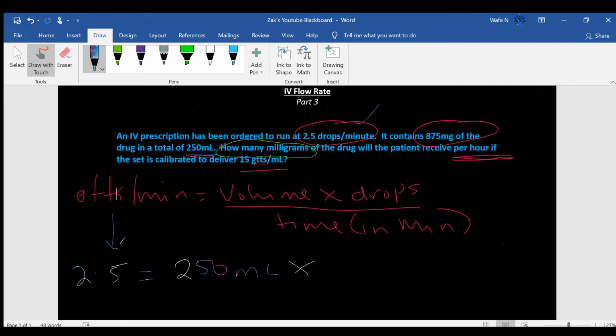And where do you see that? Yes, the 15 is our drops, so that's the 15 drops per milliliter. And we're going to divide that by our time in minutes. That's what we are looking for. We don't know what that is.